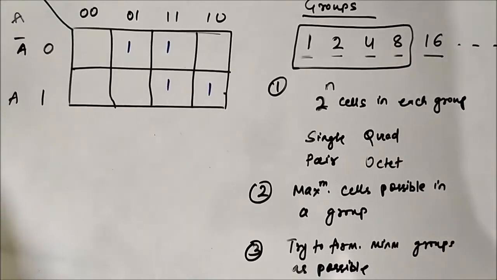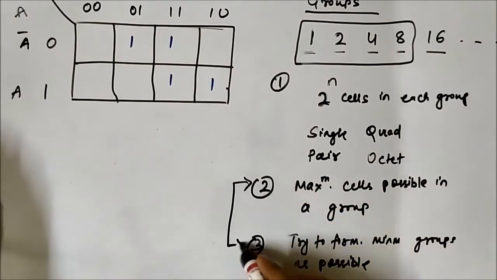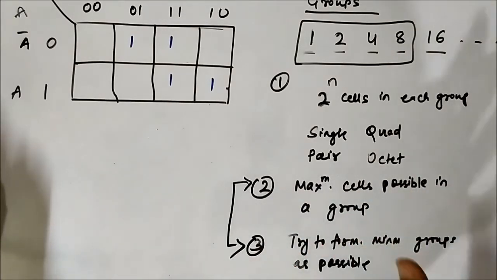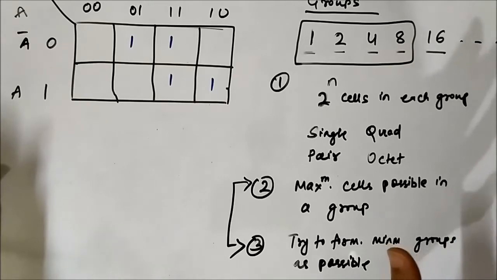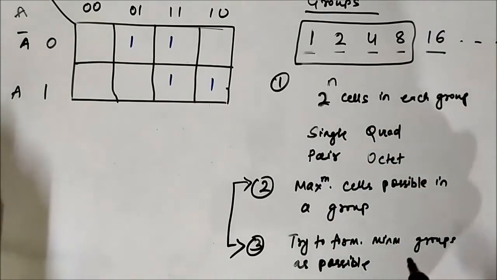That is the third condition. So these two are actually interrelated: maximum possible adjacent cells following the rules in one group, and forming the minimum number of groups possible.